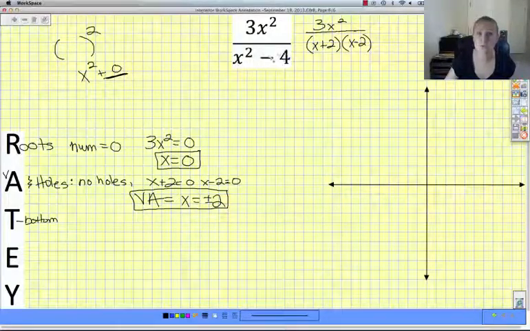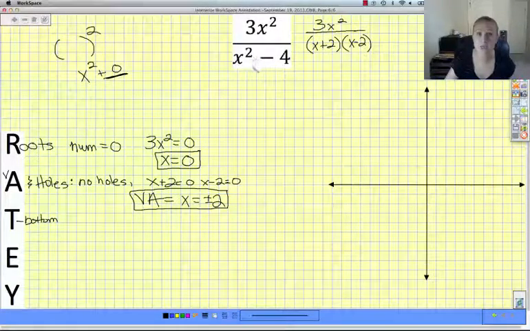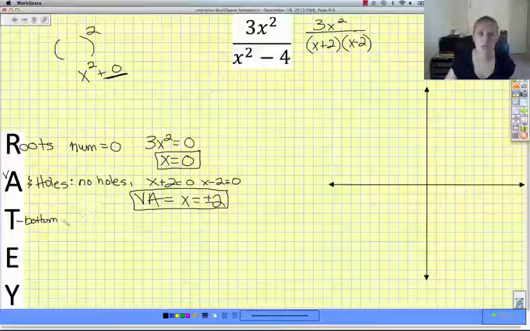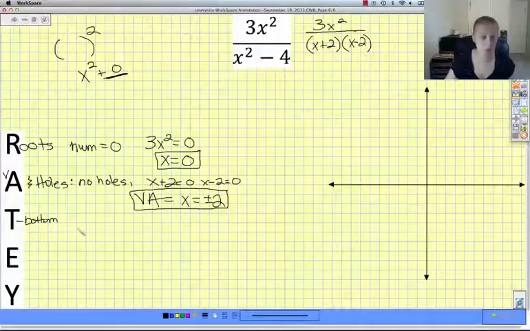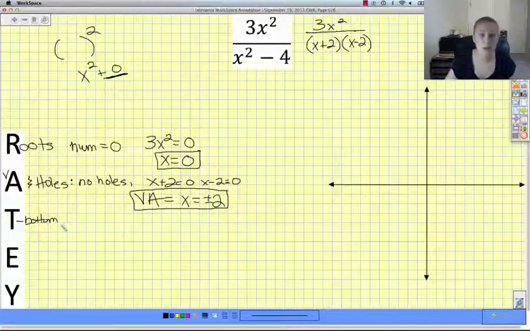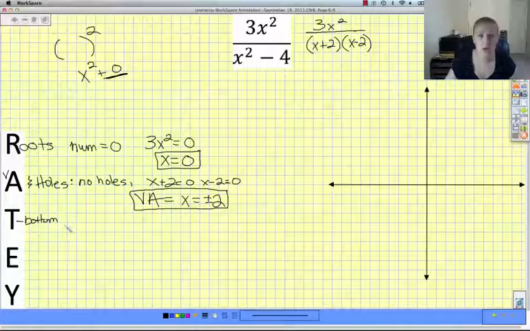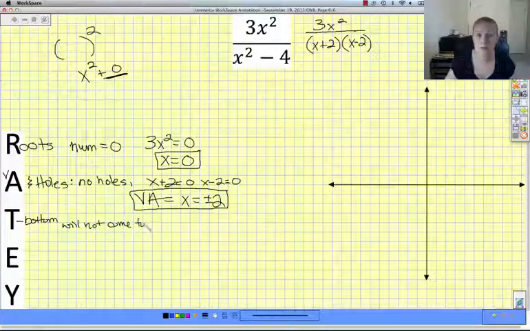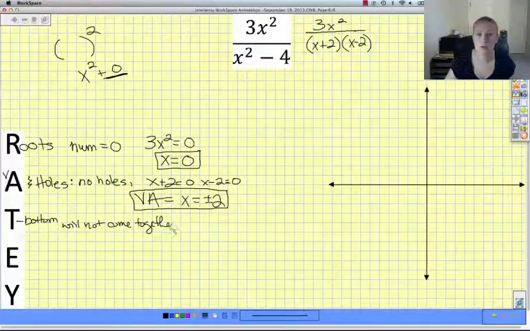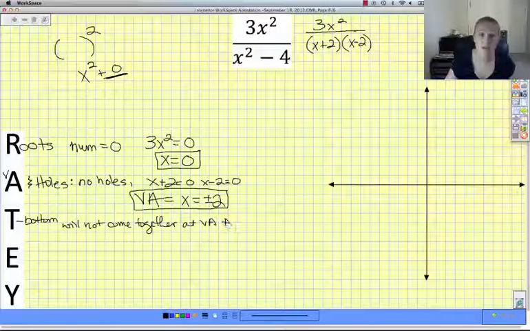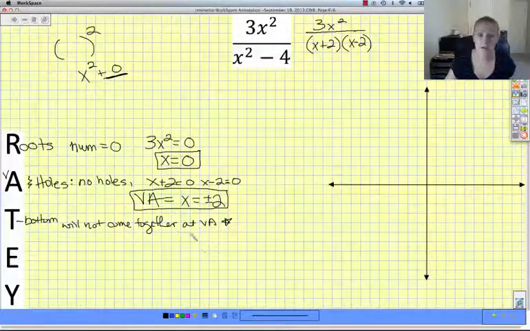The minus 4 makes it not a special squared term. So in this case, we have no tangency, which means that the graph will not come together at our vertical asymptotes. And this is important to remember because it's going to help me graph when I get finished.